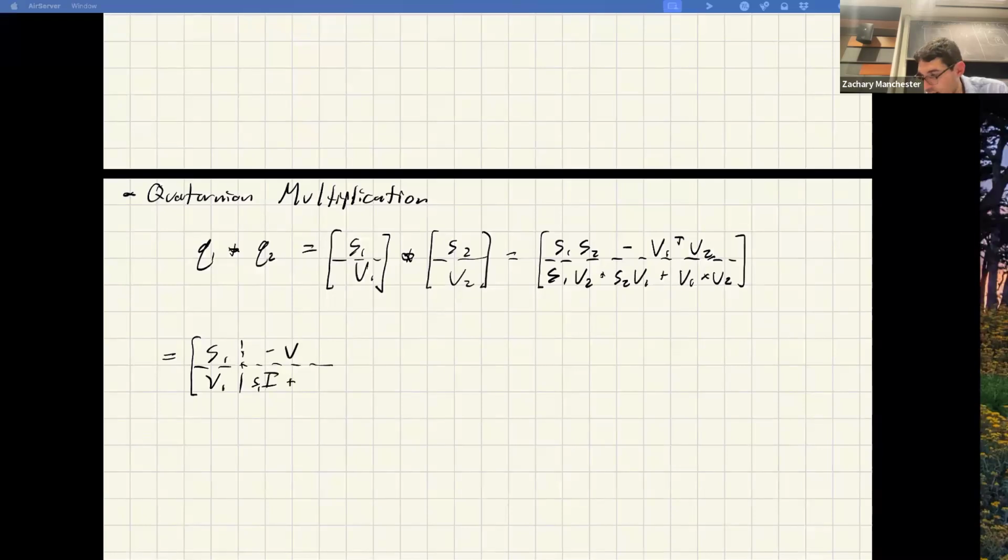This is basically if I pull Q2 out to the right of that expression, and all the stuff associated with Q1 I pack into a matrix. Is that clear to everybody? So that matrix times Q2 gives me Q1 times Q2. I can do the same thing where I pull out the Q1 stuff to the right, and that is going to look like the following.